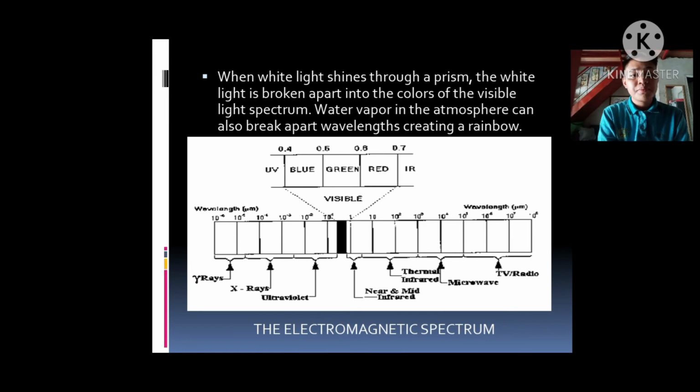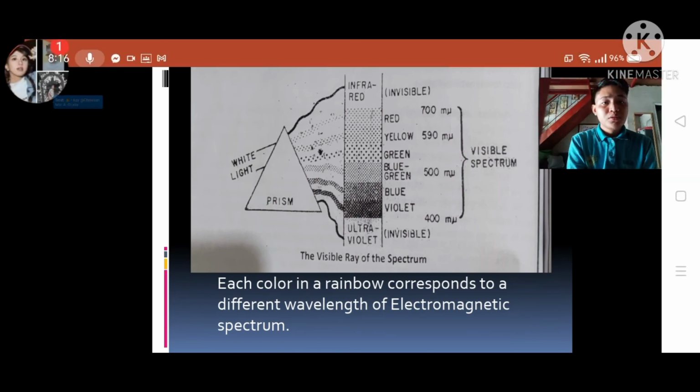In the upper part we can see the wavelength and its measure. Then in the middle we can see the visible. In the visible, we see ultraviolet, blue, green, red, and IR colors. Between UV and blue the measure is 0.4, between blue and green 0.5, between green and red 0.6, and between red and IR 0.7.